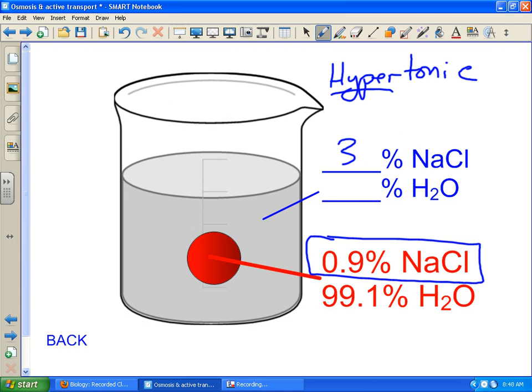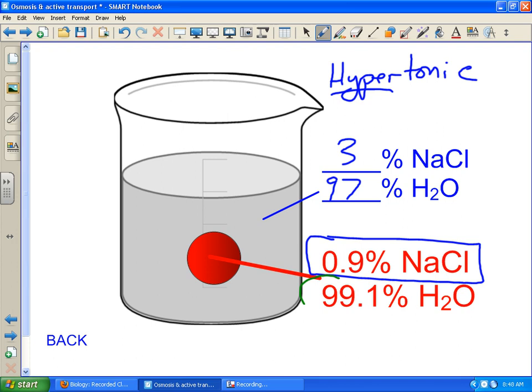Now the reason that's important is, if it's 3% salt, that means there's only 97% water, just to add up to 100%. There's more salt, that means there's less water concentration. Okay? Now, we've already said salt can't go through, but water can.